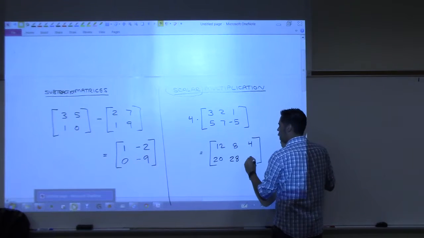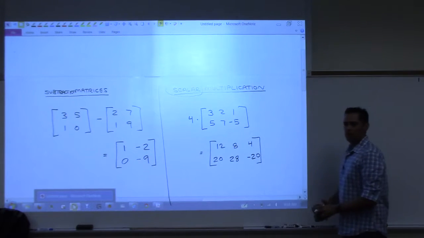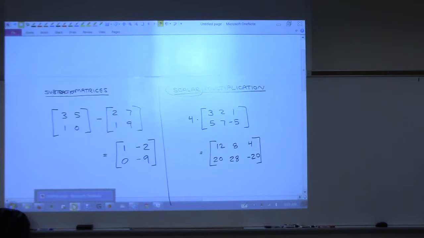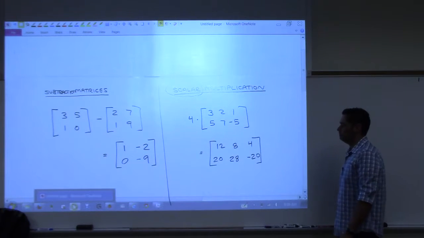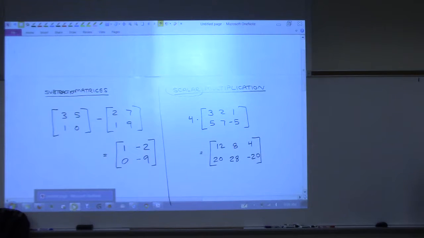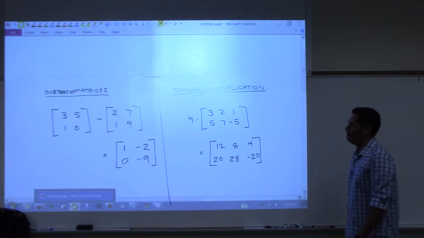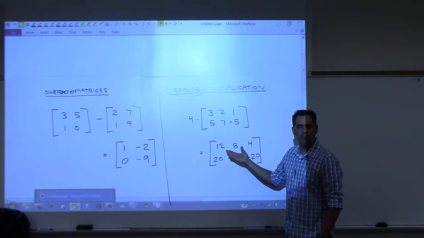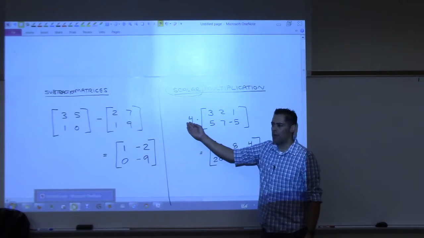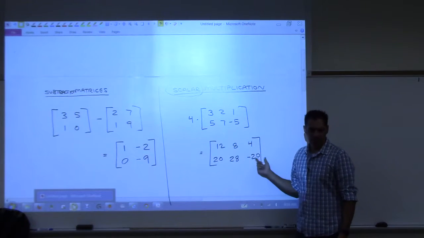And 4 times -5, -20. That's scalar multiplication. Seems straightforward? If this was a -4, all these signs would change, right?